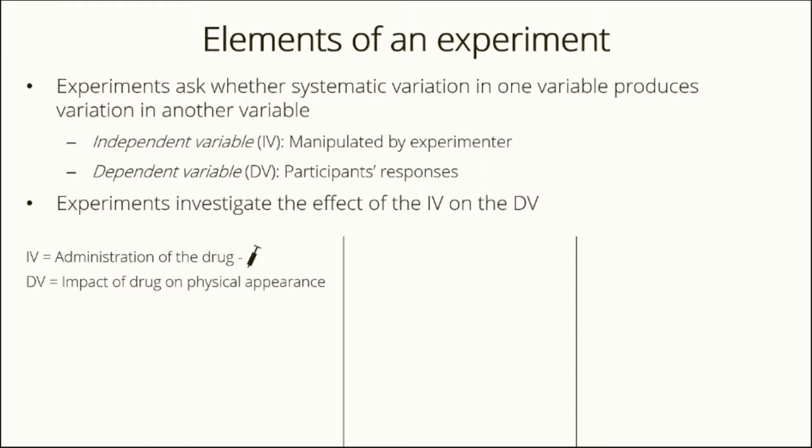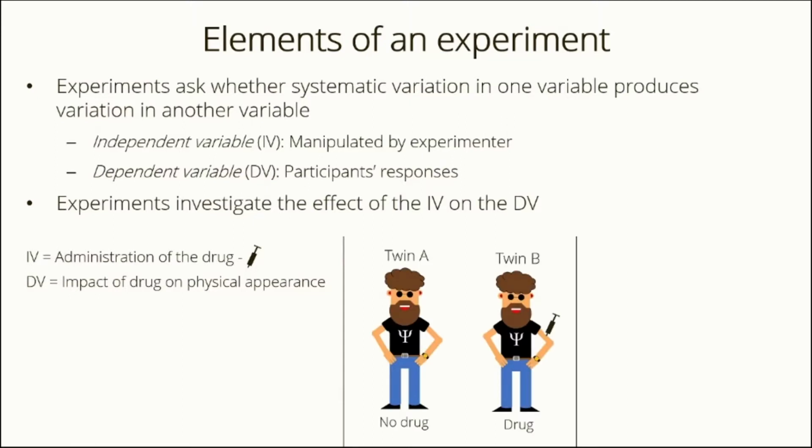If we look at our independent variable here, it's the administration of the drug, and our dependent variable is the impact of the drug on physical appearance. We have two people, twin A and twin B, and you can see that one of them has been given a drug. We want to see if that drug has an effect on physical appearance.